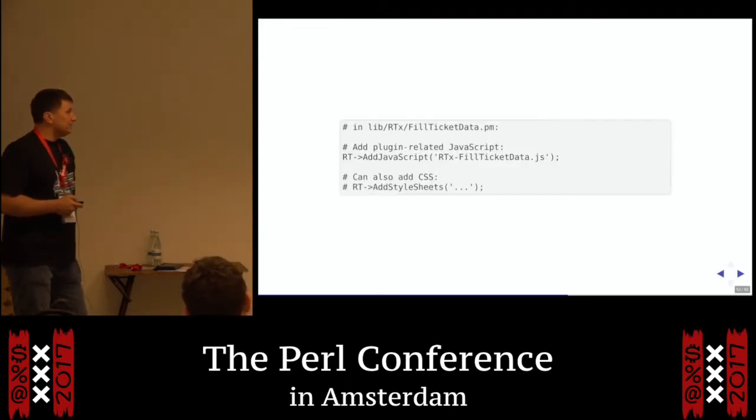Fortunately, RT has a way to do it. In your plugin code, you can call RT add JavaScript, or for CSS add style sheets, and they will be loaded with your page.